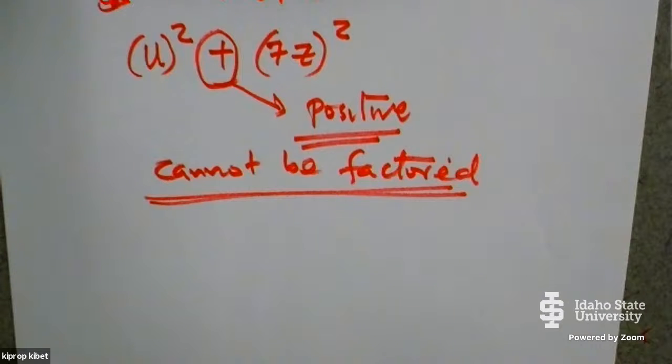Why can't you factor? Because it is a sum. If it was a minus here, then it is a difference of squares, but now it is positive. So you cannot factor this one further. It will just remain u square plus 49 z square. But if it was negative, then you could have factored it.